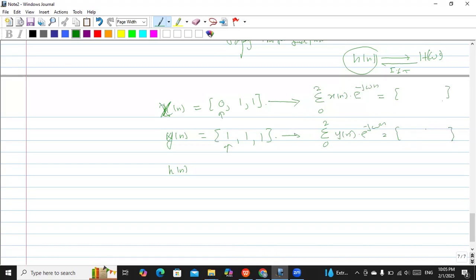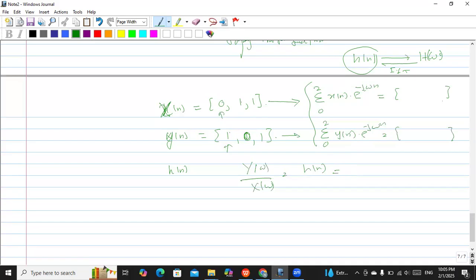So what you need to do is divide this term by this term. So that is y omega over x omega. So you will have the xn value, so that is the omega value there. For example, I will take this as 1, this one 0.